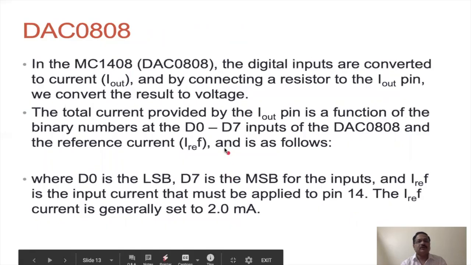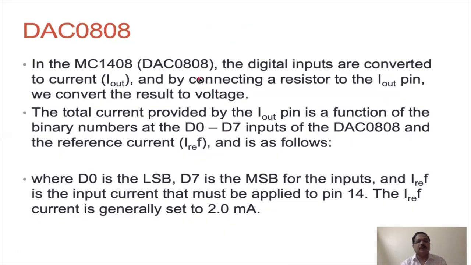So in the MC1408 or DAC 0808, the digital inputs are converted to current, and by connecting a resistor to the I output pin, we convert the result to voltage. The total current provided by the I output pin is a function of the binary numbers at D0 to D7 inputs of the DAC. And the reference current, I reference, is as follows.